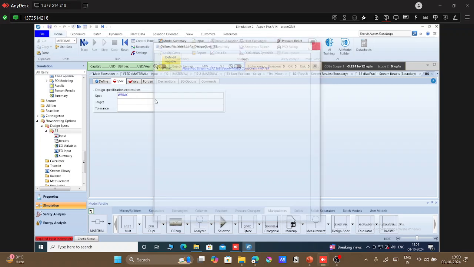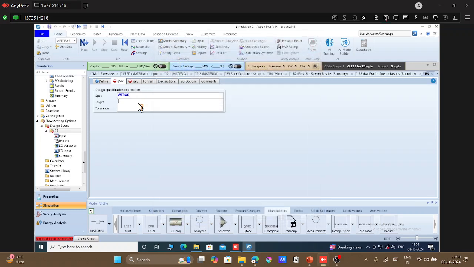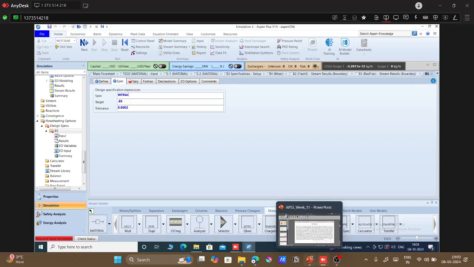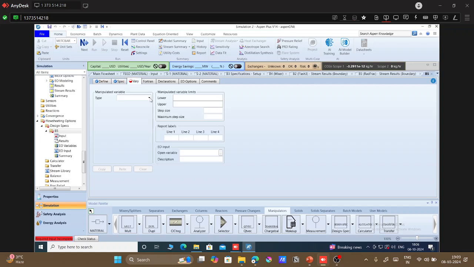We want its value as 0.85 with a tolerance of 0.002, sorry, 0.002, and we have to vary the feed rate of second MIBK that we are adding, so that will become a stream variable.